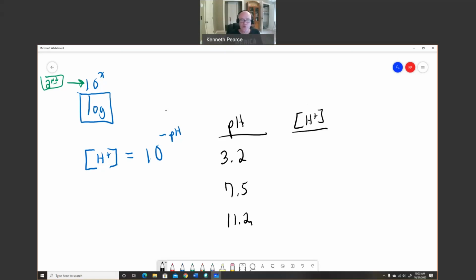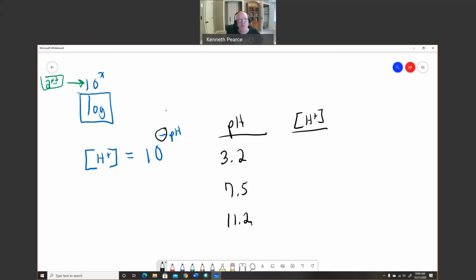Here's a series of pHs, and I want the H plus. I can go in the opposite direction, and that would be your 10 to the x key. Now, don't forget, you have to put in that minus with the pH. Just like when we had minus the log, we have minus the pH. So don't forget to put that in there.